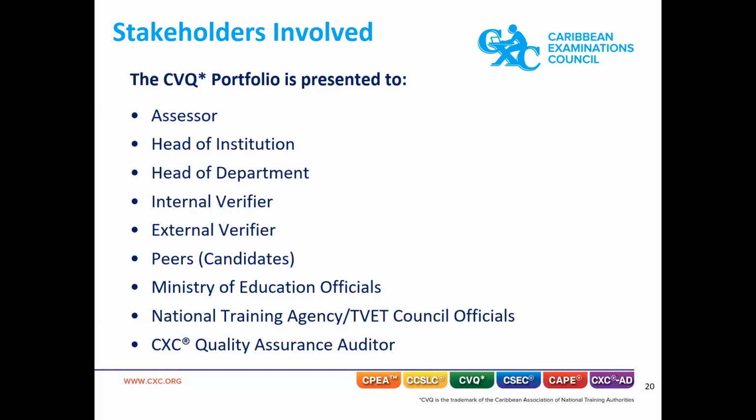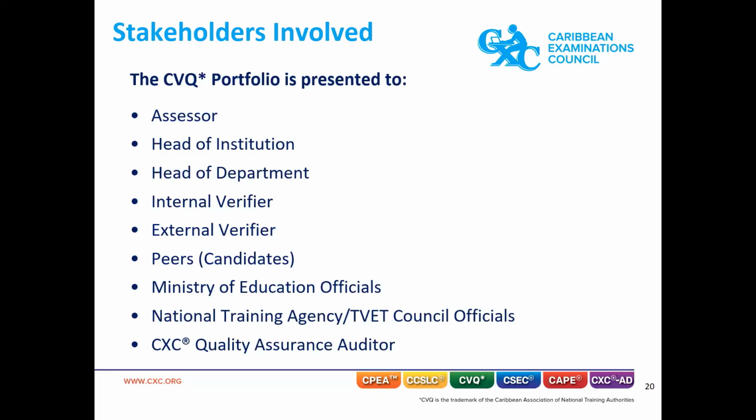And so we now want to come and see your portfolio, and we want to verify, and we don't want to have any doubt in our mind that you're indeed competent. So we want to see it too. But it's after the external verifier has seen it. Right? So we have the assessor that determines your competence, right?